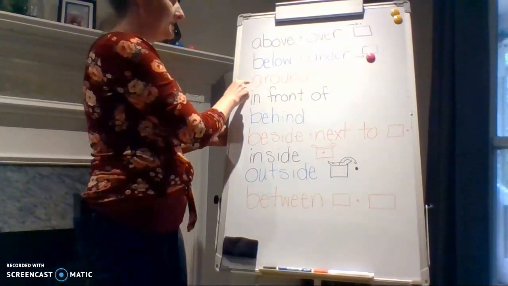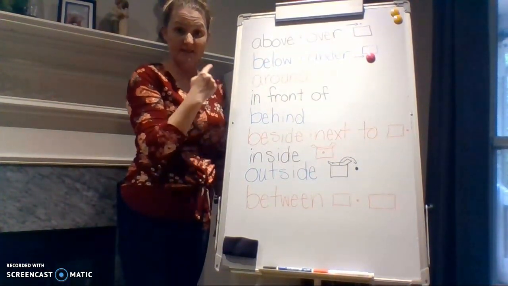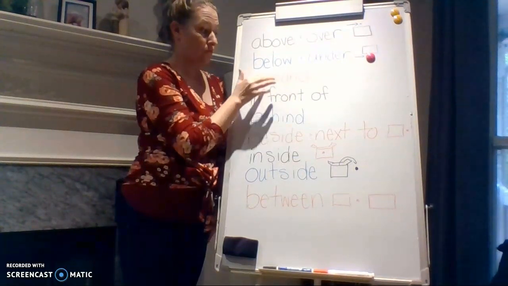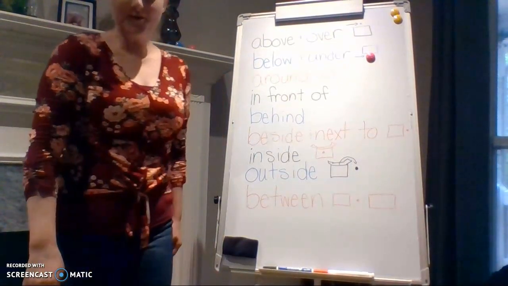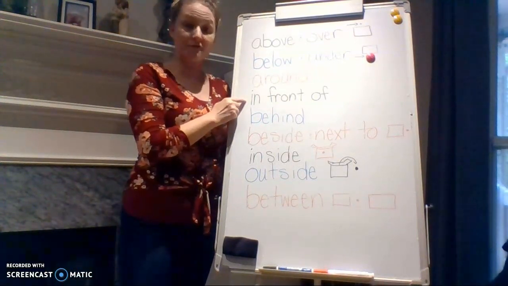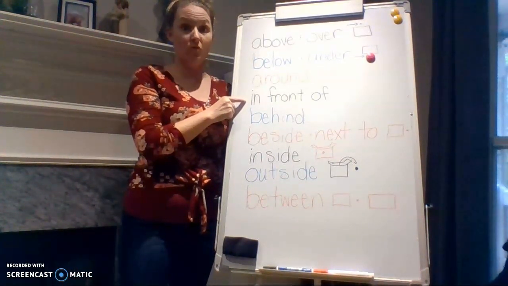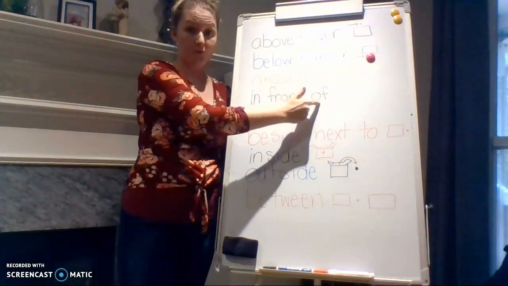The next word is around. When you go around something, kind of think of the word round. So around. Okay. The next one is a phrase. It's more than one word. There are 1, 2, 3 words.